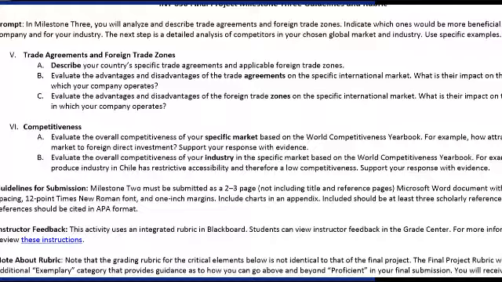Same thing here with your grammar, spelling, APA format, style formatting, and paper formatting. There's no difference whatsoever, none.